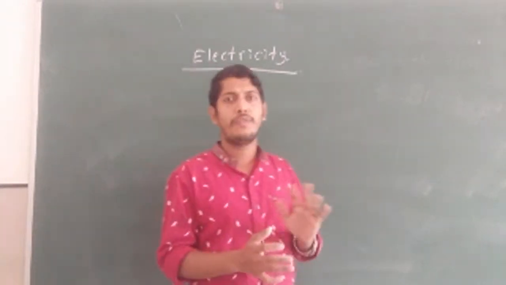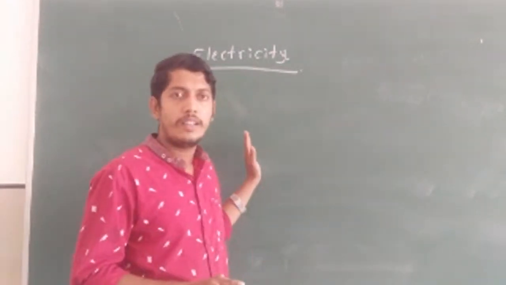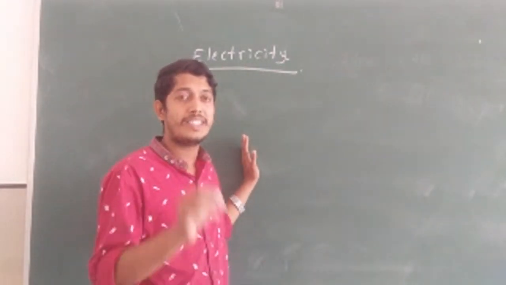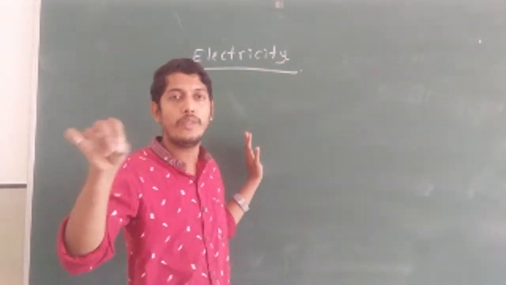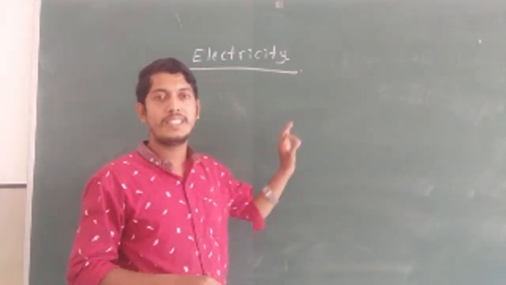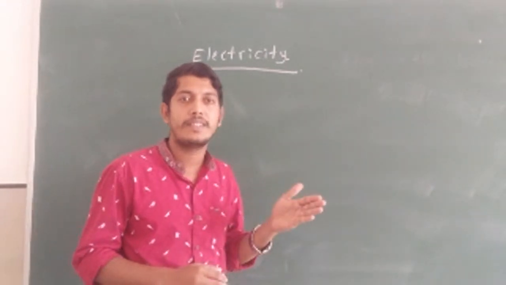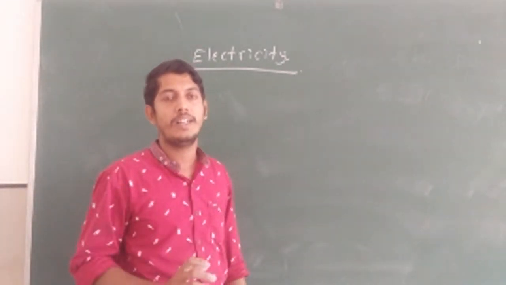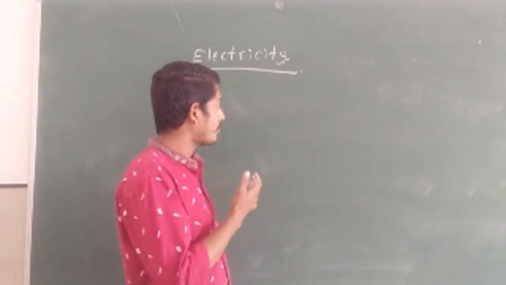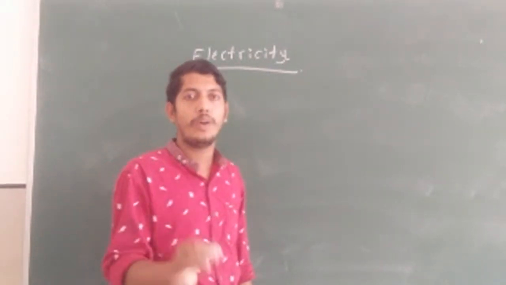Apart from that, we have one relationship: I equals Q divided by T, that is, current equals charge divided by time. That means the total number of charges flowing in a particular direction per unit time. Next, what is meant by 1 ampere of current?